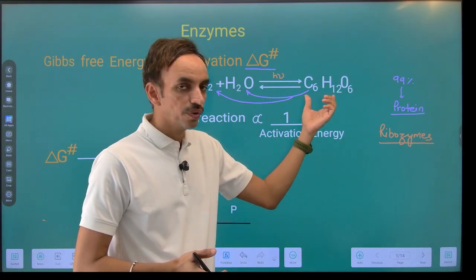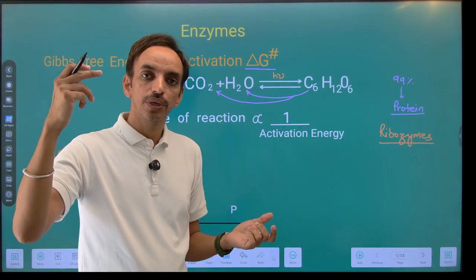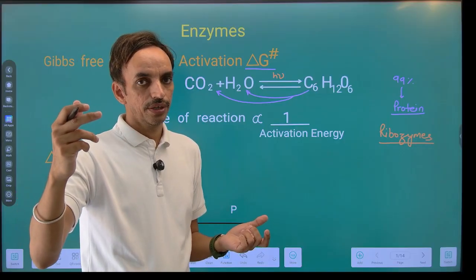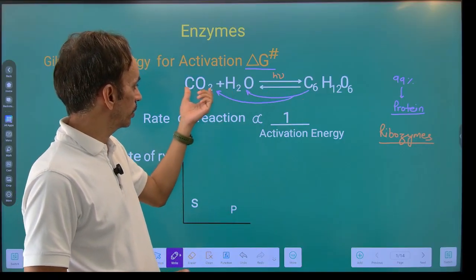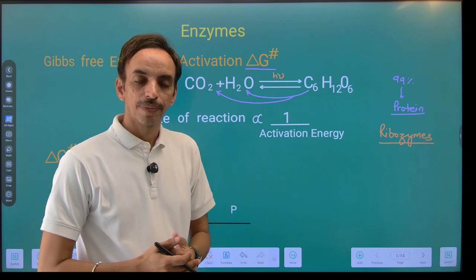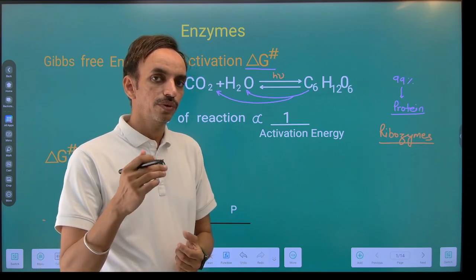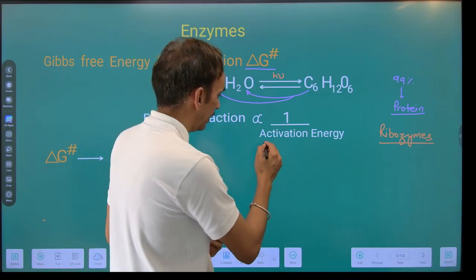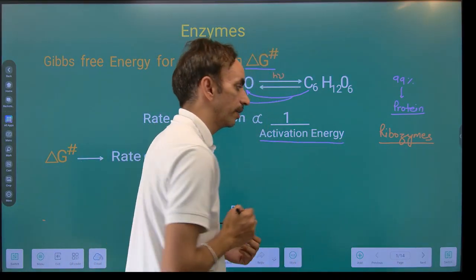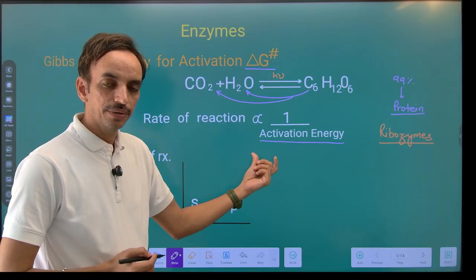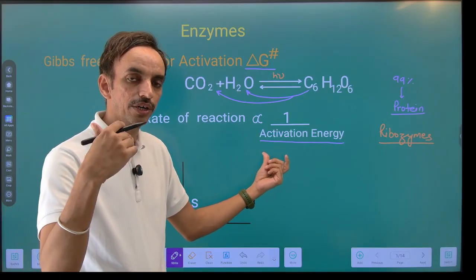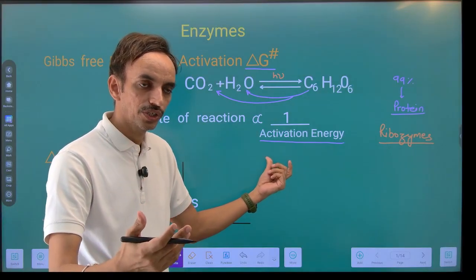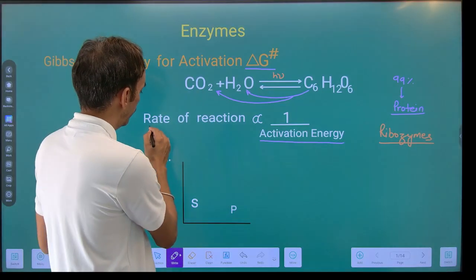First, we have to drive this glucose into its transition state for the conversion of glucose into CO2 and H2O. Now, the energy which is required to drive the molecule into its transition state is known as the activation energy. Lower the activation energy means less energy is required to drive the molecule into its transition state, and the rate of reaction is higher.